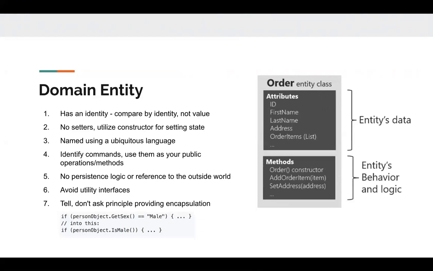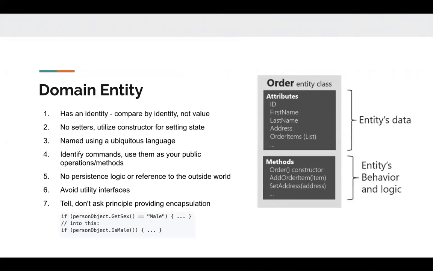So business logic is very important. Here are the properties of a domain entity. It has an identity, and you compare by the identity. Mike, you might need to correct me on this, but you don't compare by value in most cases. Right. You could have a domain entity that has the same values, but it's not the same. It's its own entity.